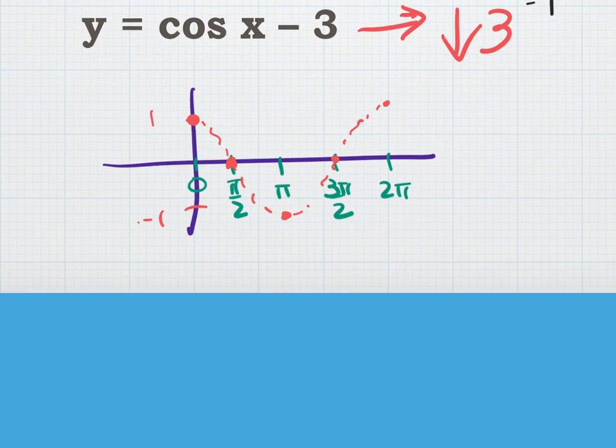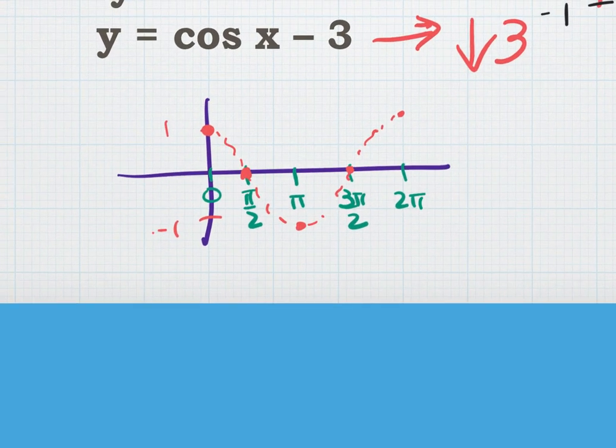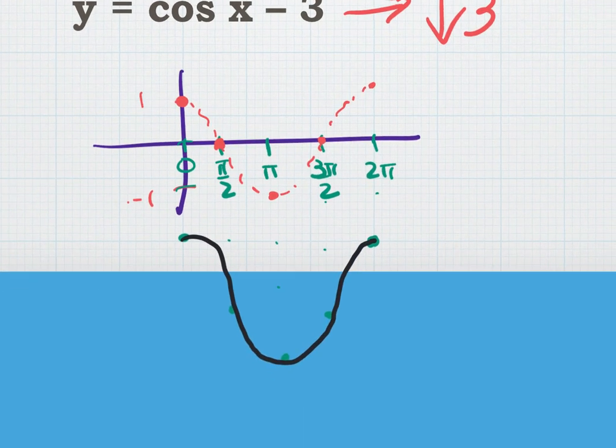And then I would have shifted down 3: 1, 2, 3, 1, 2, 3, 1, 2, 3, 1, 2, 3, and 1, 2, 3. And your shifted cosine curve would look like that.